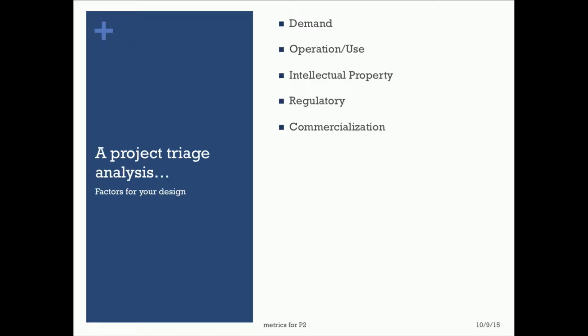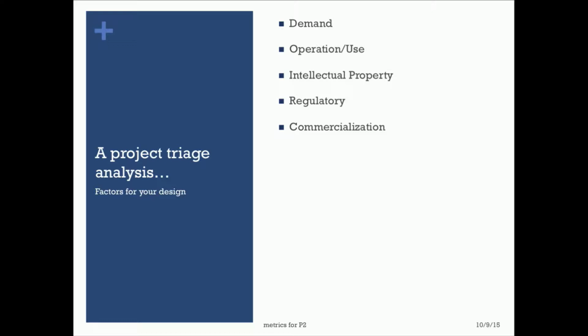We also are going to analyze this process using a project triage analysis to look at factors that are going to be important to the design. When we are looking at new processes in the chemical business, there are 5 elements that are often critical to their success.